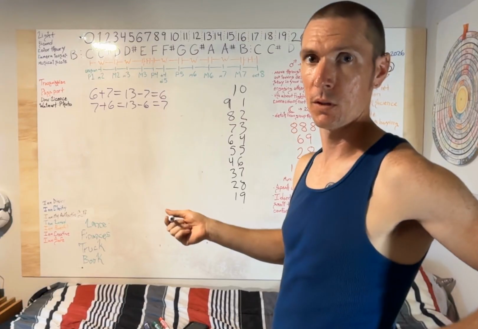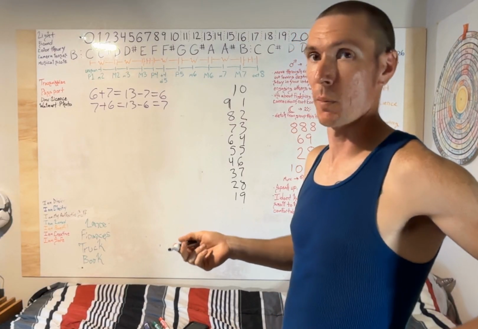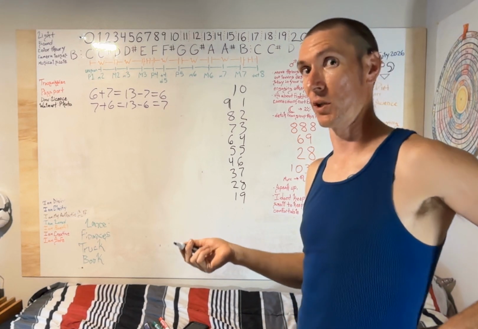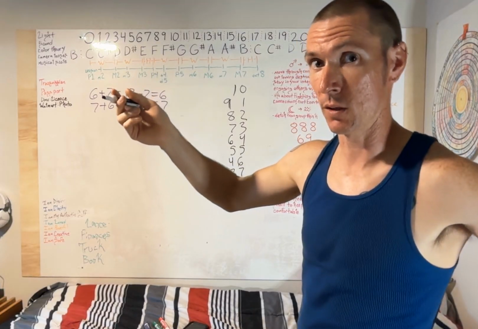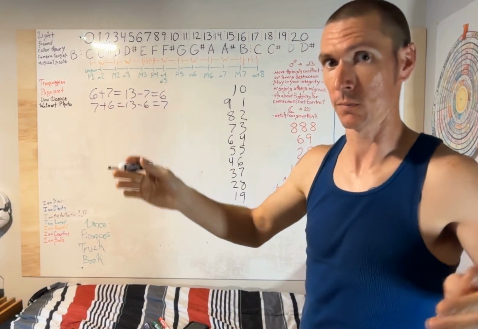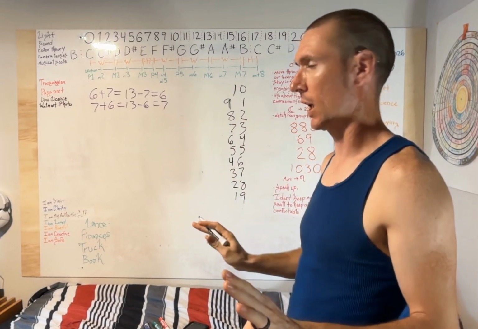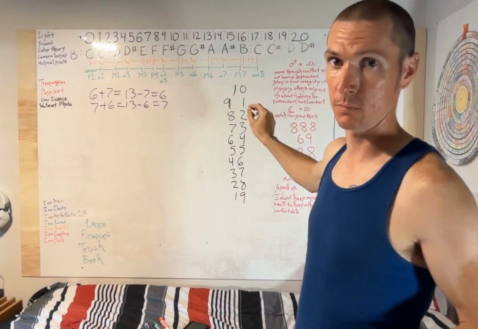1 can just be 3 minus 2. 1 can be negative 2 plus 3. 1 can be 257 minus 256. There's an infinite way of representing any number. So 10 can be represented as a 9 and a 1.